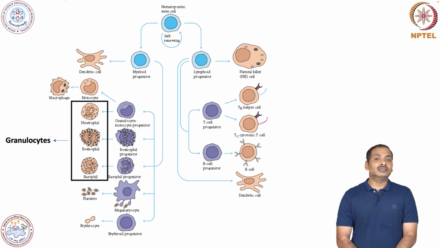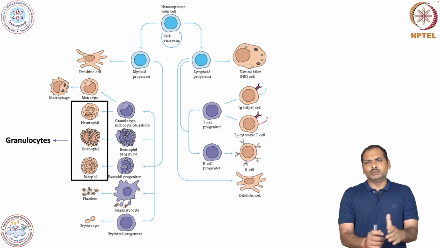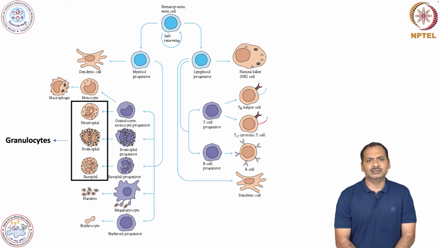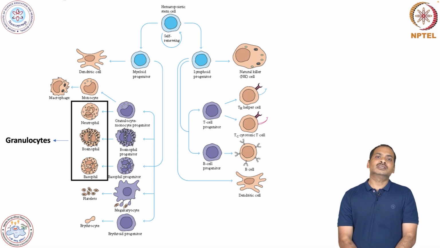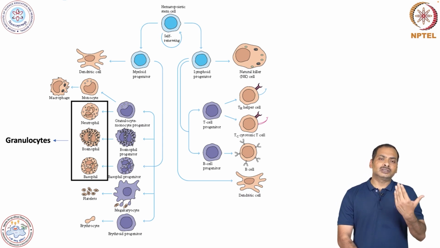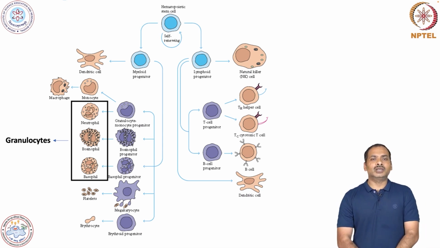And there are other cells. This is a quite broad and old classification, okay, but still we use it. Another set of cells we call agranulocytes, meaning the cells which do not show this granular cytoplasm.